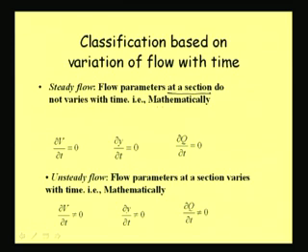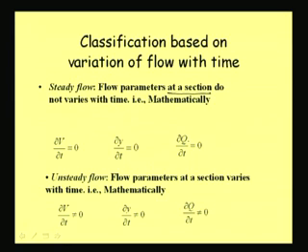Mathematically we can represent that as, say, del V del T equal to 0. Why del V del T, or del Y del T? V stands for velocity, Y is depth, and Q is discharge.